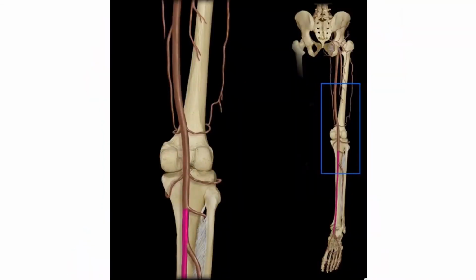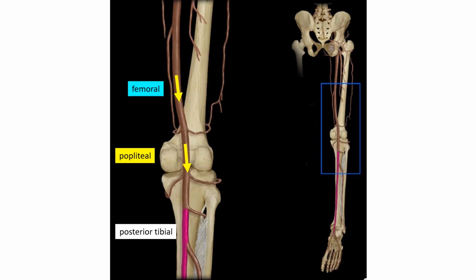This is a posterior view of the lower end of the femur, the knee joint, and the upper end of the leg, where we can see the femoral artery becoming posterior. As it becomes posterior to the knee joint in the popliteal fossa, it changes its name to the popliteal artery, and it comes down and continues as the posterior tibial.